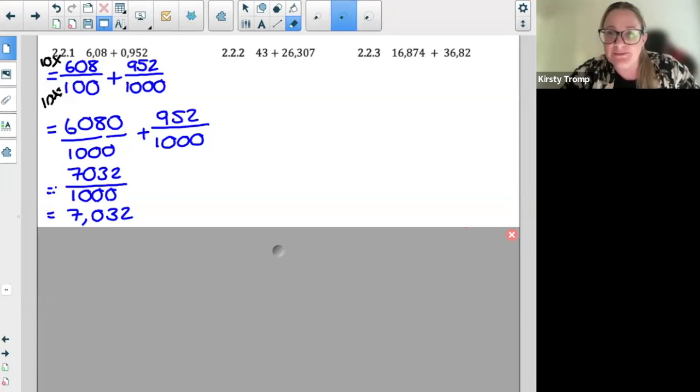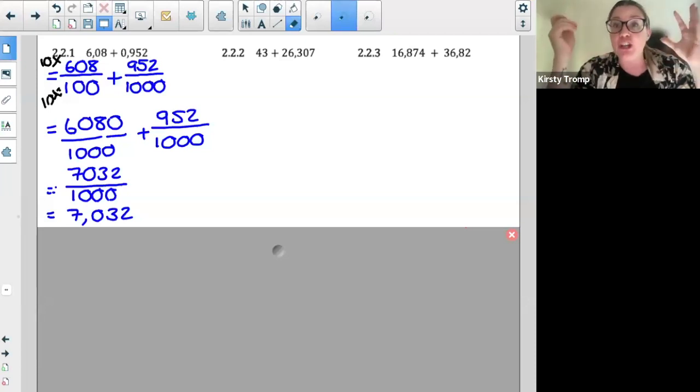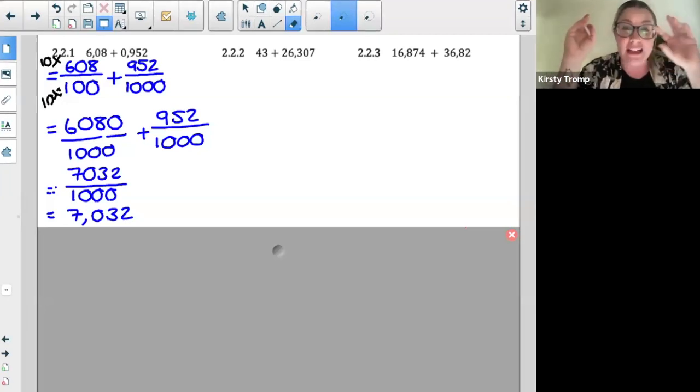What's your question? Ma'am, if in a test we get this one and we have to do the adding one, do we have to do it in this method, or can we use the column method instead? You can do whatever method makes sense to you mathematically. I know last year, Mishle, the teacher used to use the method where she broke everything up and then added it together.